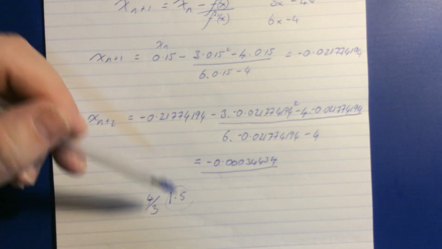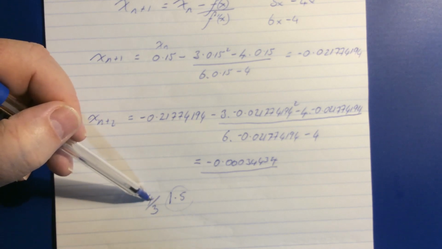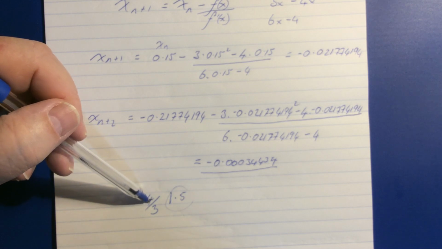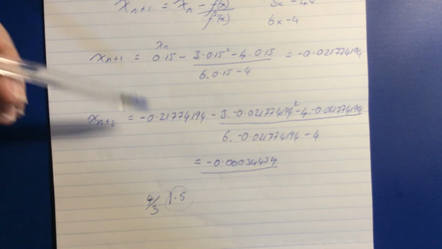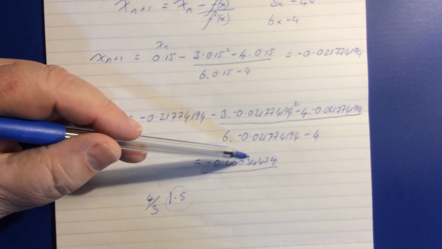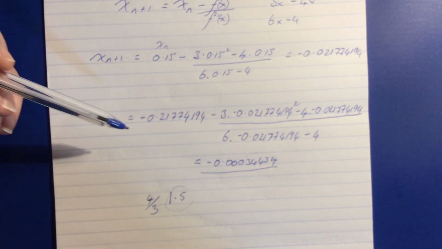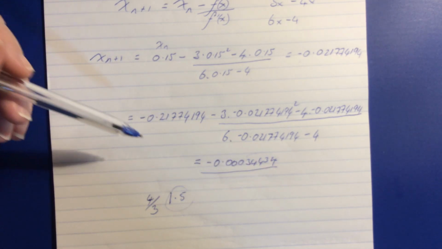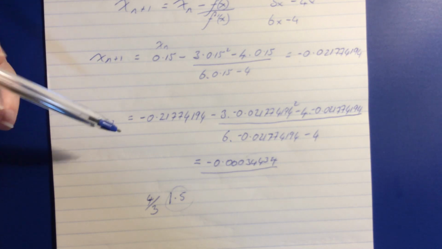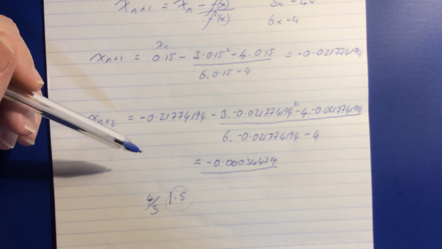We would just repeat the process and we would get endlessly closer, possibly until our calculator ran out of decimal points to use. Mine's got 10 decimal points, so I'm well on the way to running out of space. But what you will see is that the number I'm approaching is tending to 0, and it's getting very, very small.